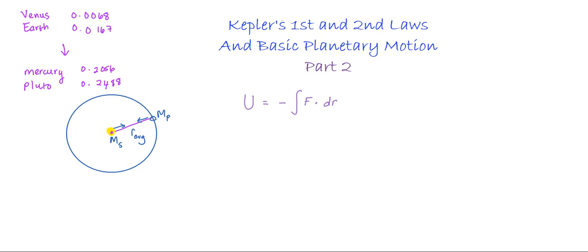What we're going to assume is that the radial vector, or the position vector, is pointing outwards like this, which means that the force vector is pointing inwards, because that's where the gravitational force is pulling this planet. And so this F dot dr actually turns out to be negative as well. What that does is make this whole thing positive, so what we end up with is the integral of F dr.